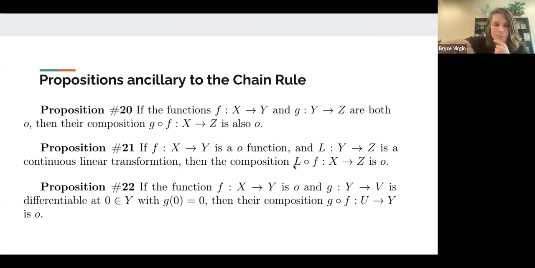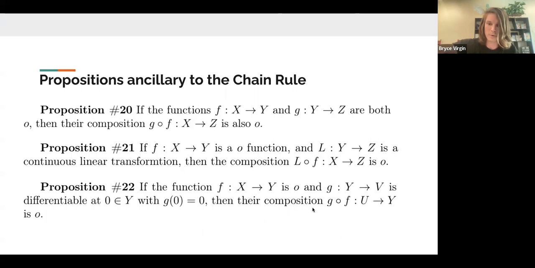And then finally, the sort of step up from this: if something is well approximated by a continuous linear function, then maybe it too has this property. And yes, in fact, if you've got a function which is differentiable at the origin and maps the origin to the origin, it doesn't have to vanish at the origin, though. It can have any linear approximation at the origin.